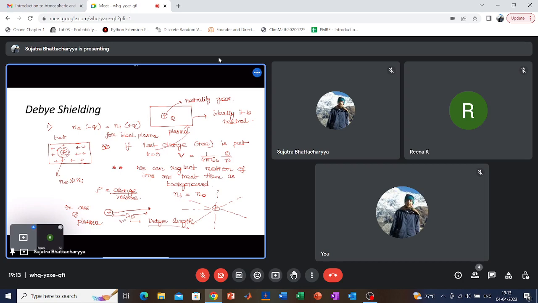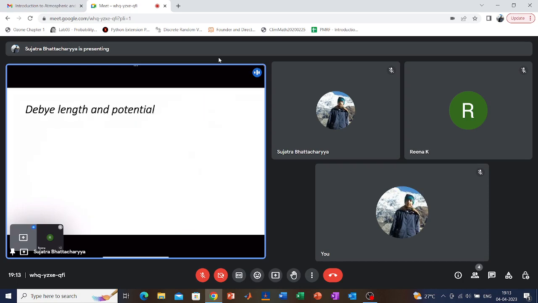We have seen that at t equal to 0, the potential is a simple Coulombic potential. But what happens at t equal to t? What is the potential over this region? We don't know. This we need to find out. The Debye length and potential will come with a derivation.